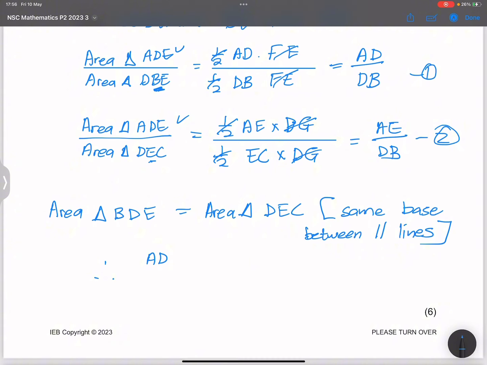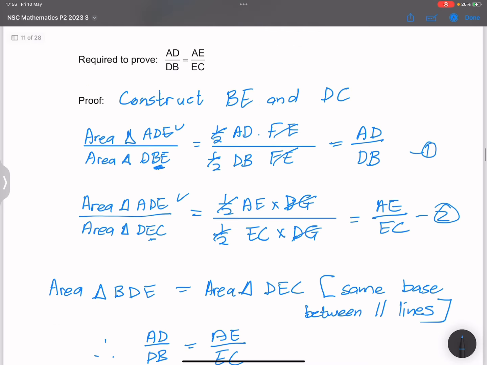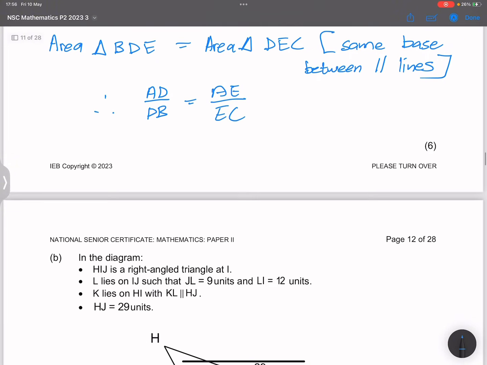So AD over DB would be equal to AE over, sorry, that was supposed to be EC. Apologies about that. So AE over EC. All right, and that is really how we prove that there. And we are done. Let's go to the next part.